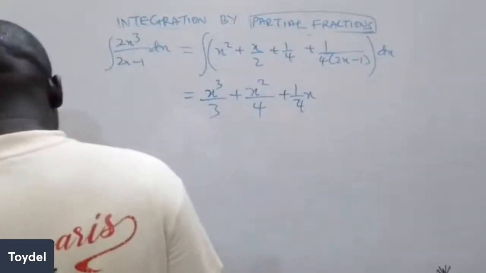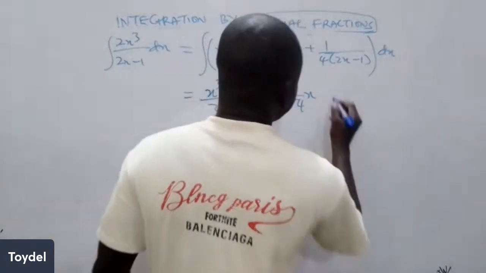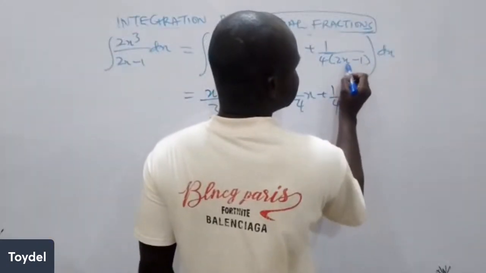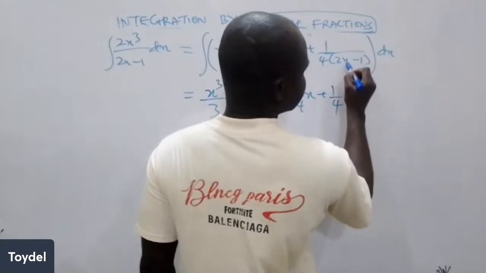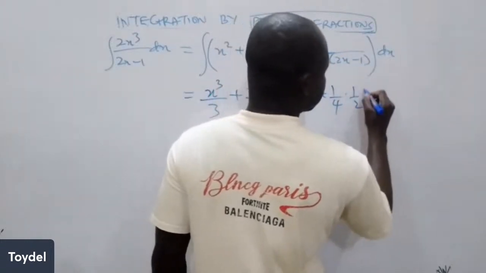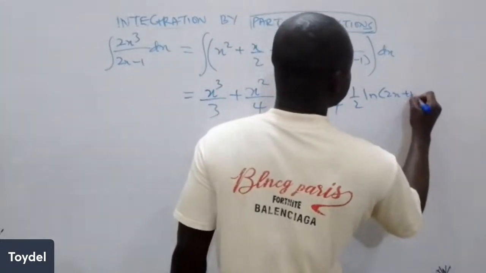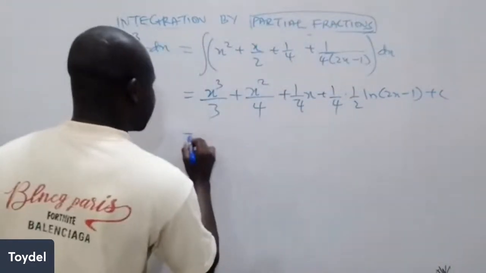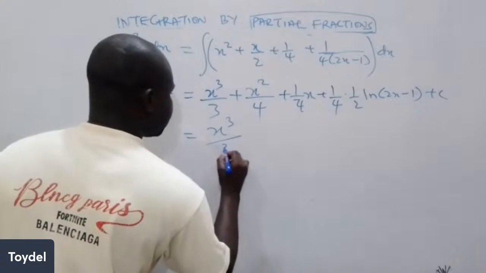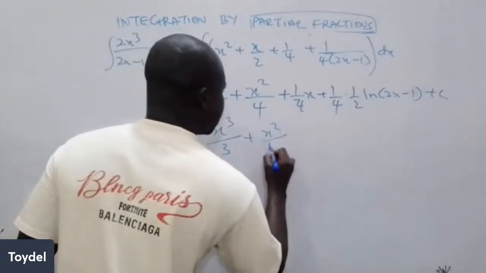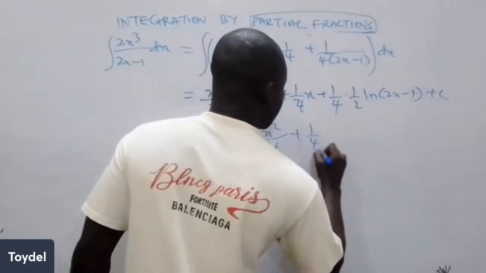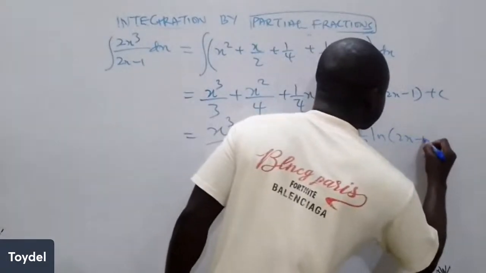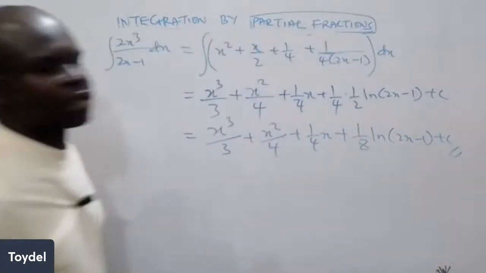Then the last one: I have 1 all over 4 there, plus 1 all over 4, multiplied by, if I integrate what I have, 1 all over 2, 2x minus 1, plus an arbitrary constant. So finally the answer will be x cubed all over 3 plus x squared all over 4 plus 1 all over 4x plus 1 all over 8 in 2x minus 1, plus c. And that will be the final answer.